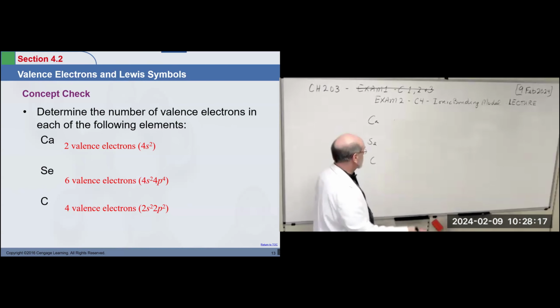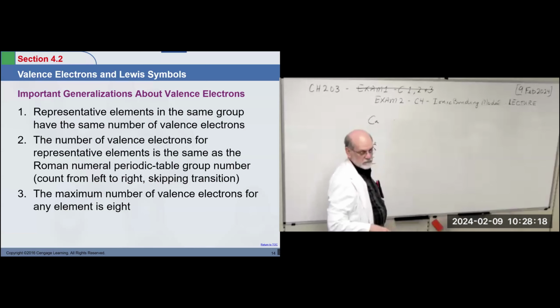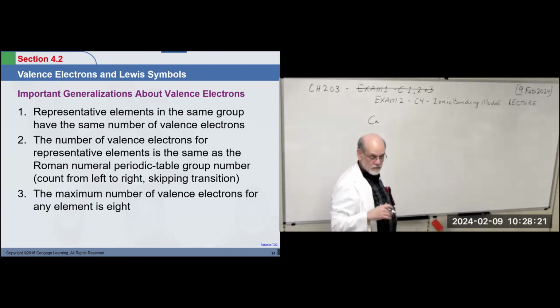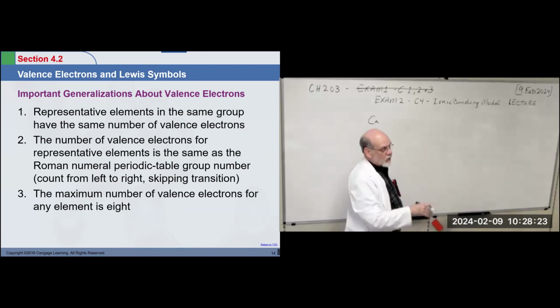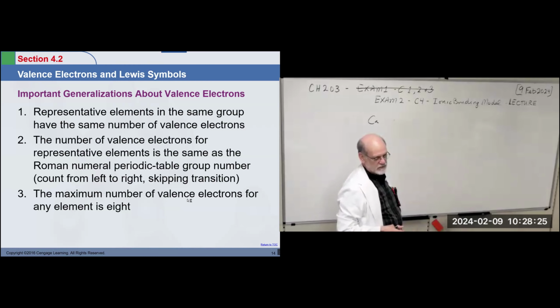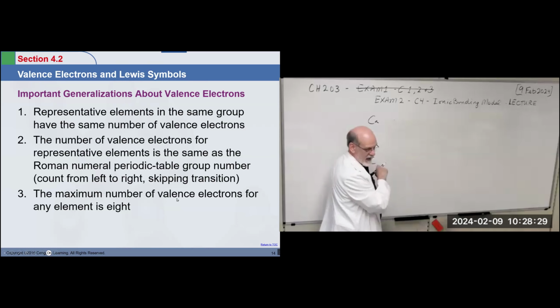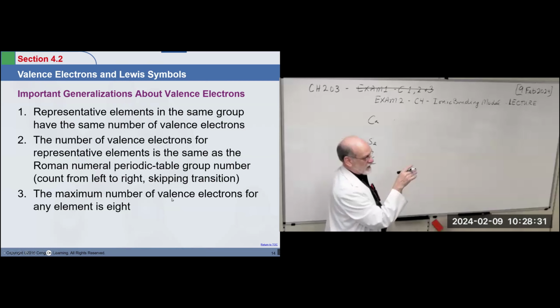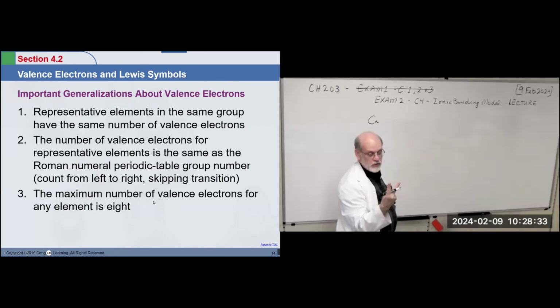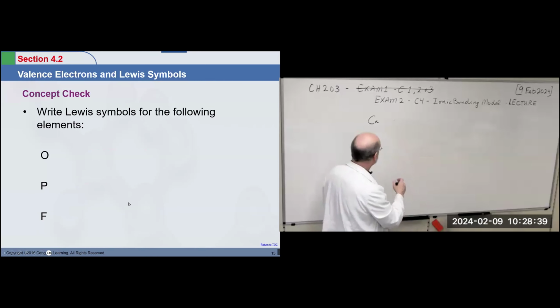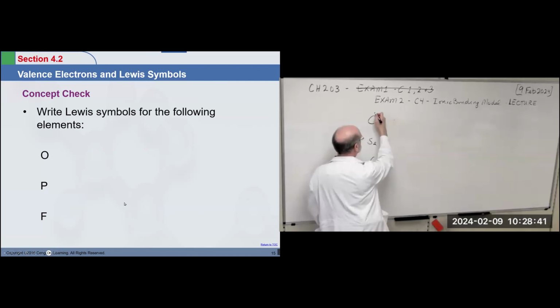Now we could write out the entire electronic structure and work from there. But since we know how the periodic table is structured, we know that calcium is in the second column, so it has 2 valence electrons, right? The first column has 1 valence electron, second column has 2. So we just put that one and that one.